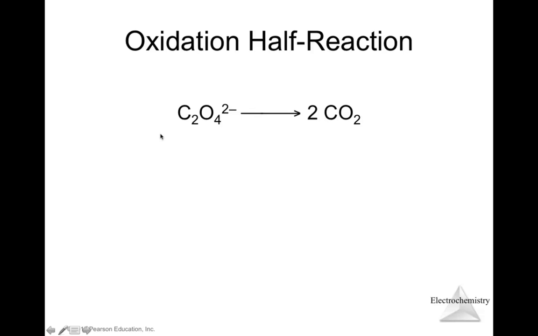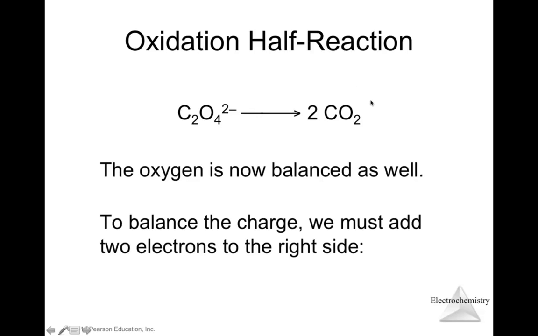Well, if we add one electron in the reactant, that is not going to balance this one. We have a negative 2 charge here, so we need to add two negative charges on this side. That's why we need to add two electrons in the products.